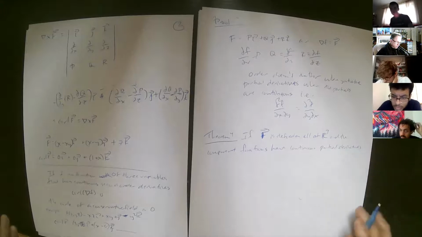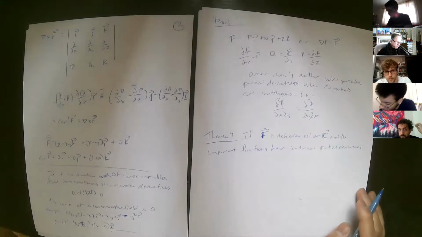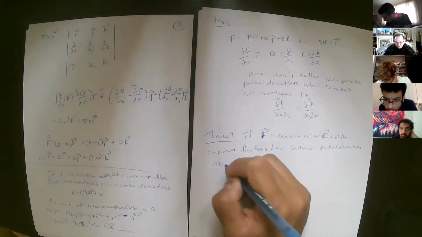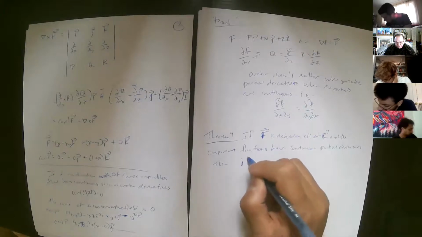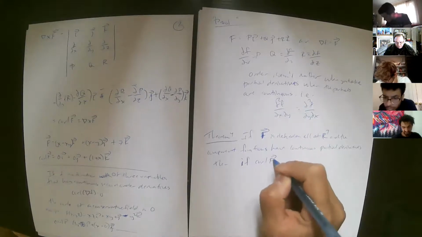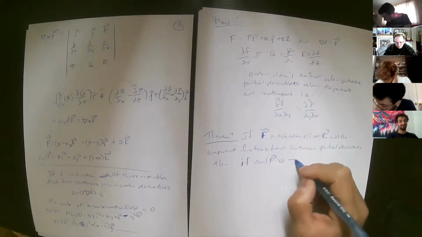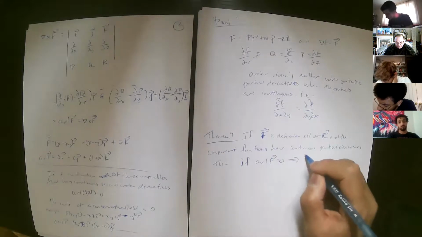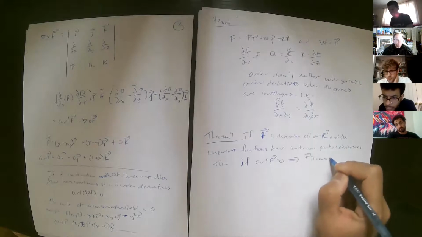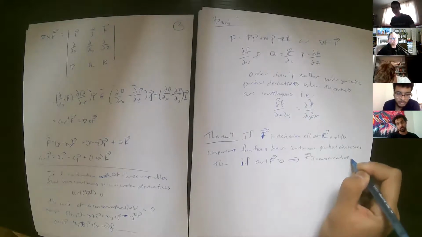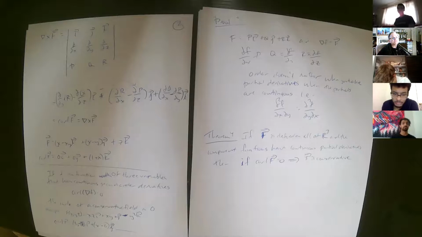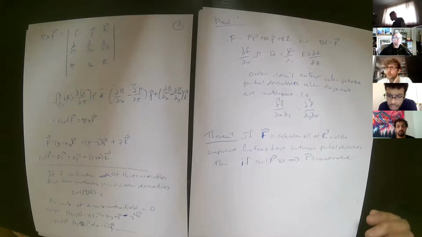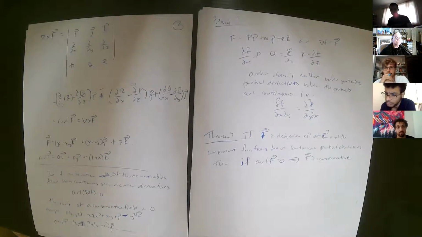We don't need all partial derivatives, just continuous single partial derivatives. Then, if curl of f equals 0, this implies that f is conservative. So what does this say? This is the converse of the previous one. We said conservative vector field implies 0 curl, and in this situation, 0 curl also implies conservative vector field.